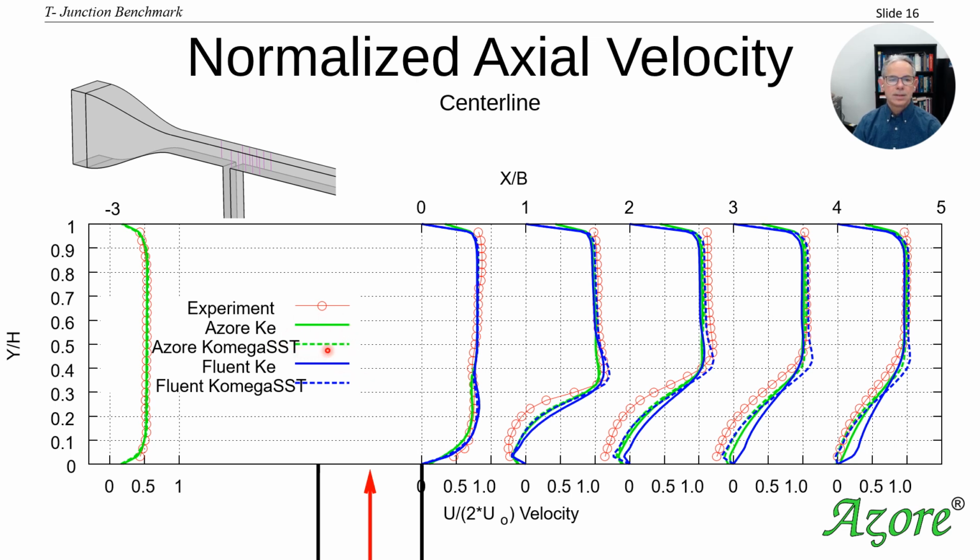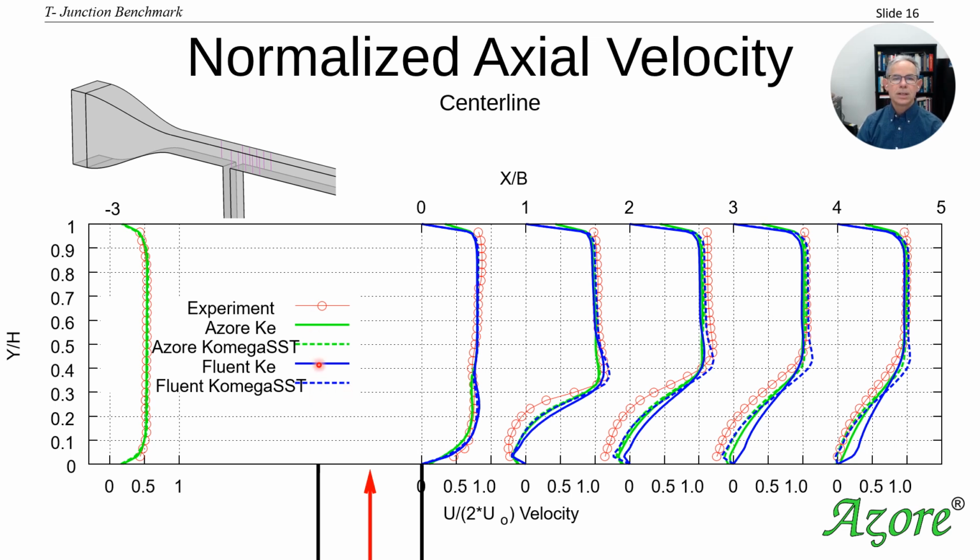That is a distinction between the turbulence models. So you can see that the green solid line is the Azore prediction for the K epsilon turbulence model, and the blue solid line is the Fluent prediction for the K epsilon turbulence model. The dashed lines are for the K omega SST turbulence model.